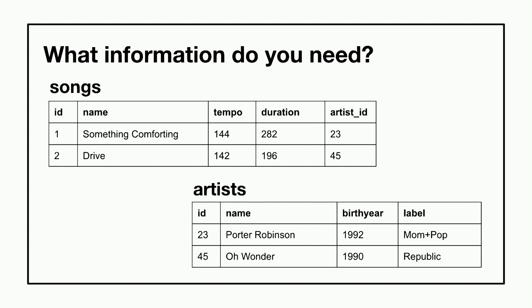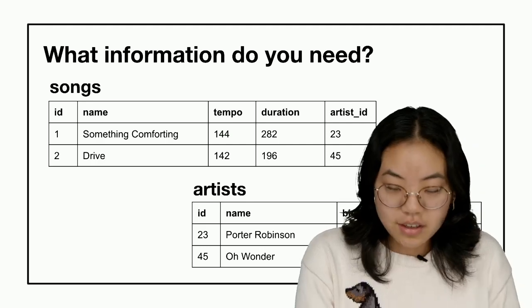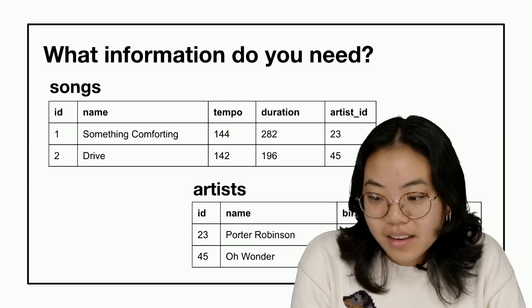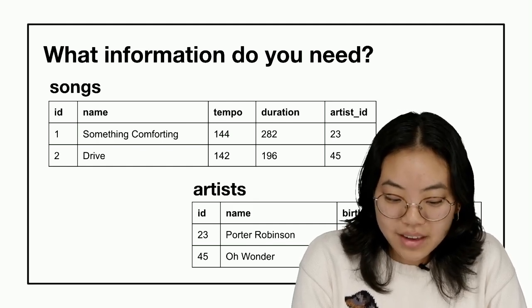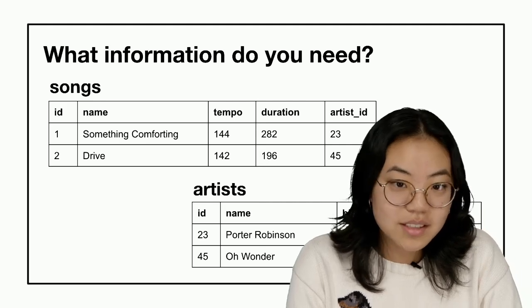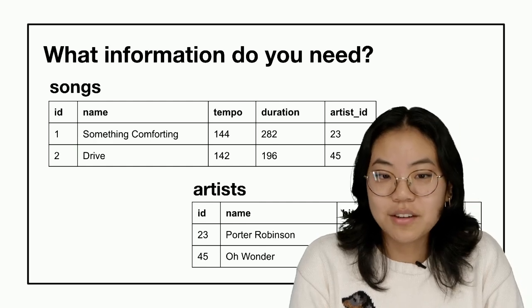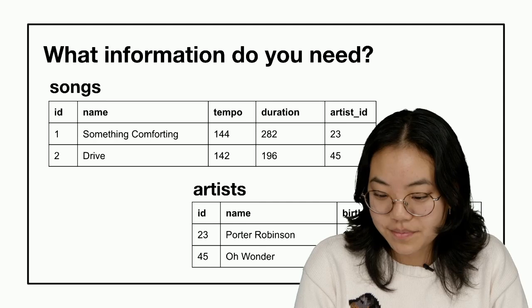I know that I want the songs by Oh Wonder, which means that it's probably good for me to know what the ID of Oh Wonder is. Once I know that this artist has the ID of 45, then I can use that when querying songs to only look for the songs that have the artist ID of 45.